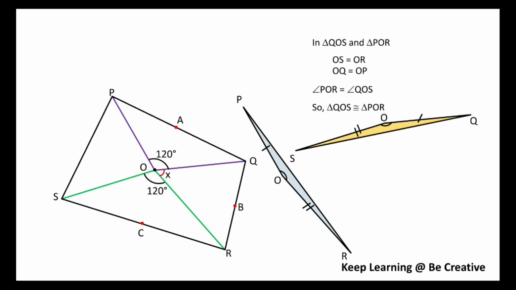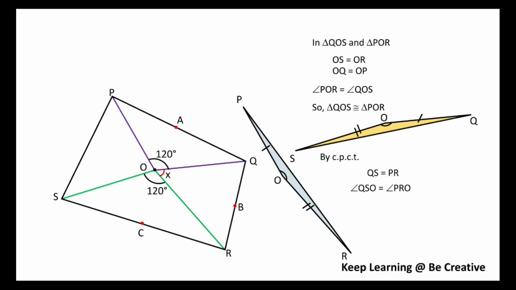Now, by CPCT, the first thing is that PR equals SQ, which are the diagonals of the quadrilateral, and also angle QSO equals angle PRO. Now this information will be useful for us in proving the next part.